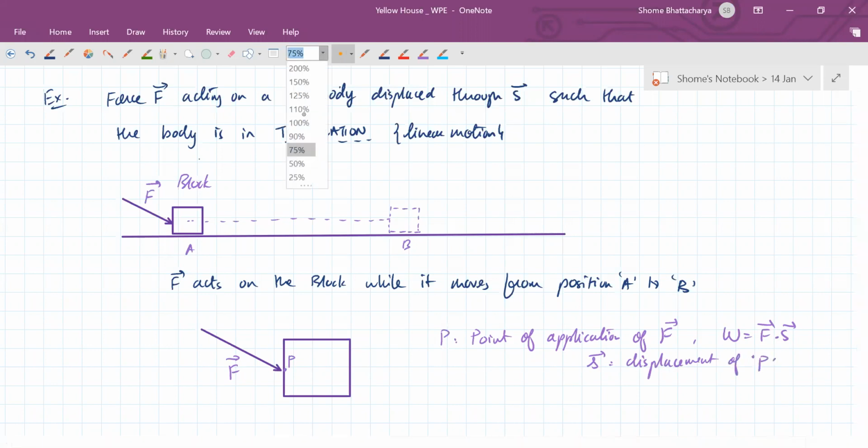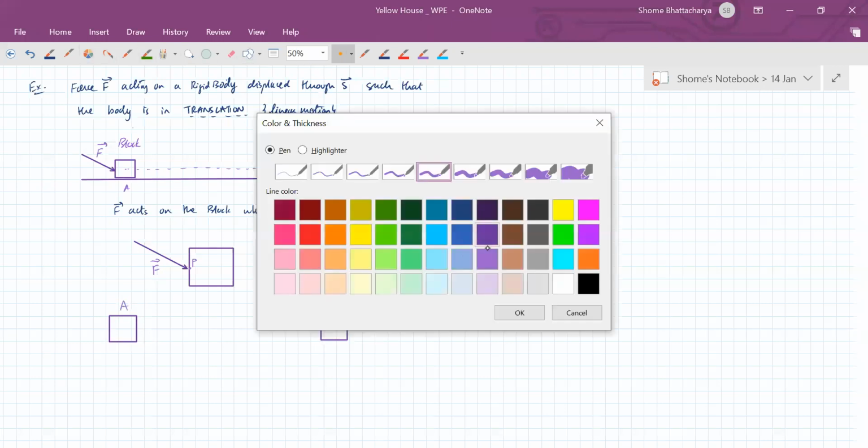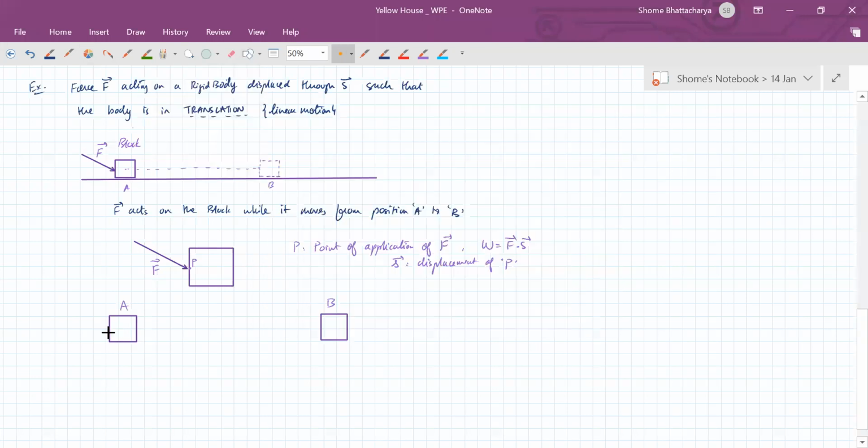In this case, the displacement of that point is nothing but the displacement of the rigid body. As the body is moving from position A to position B, that point itself is displacing by the same amount by which the entire body is displacing. This is the displacement of the point of application where we are applying the force.